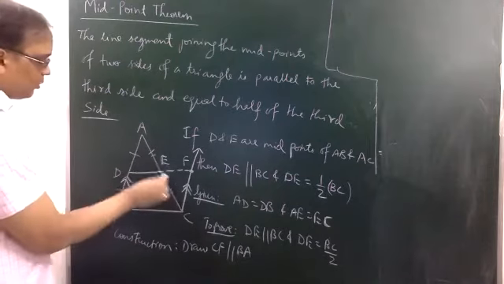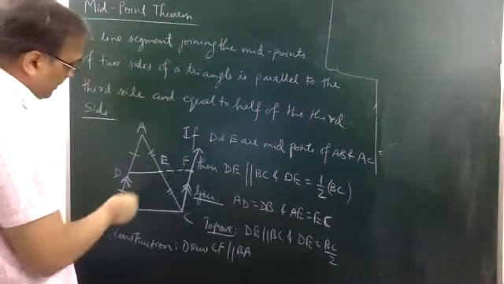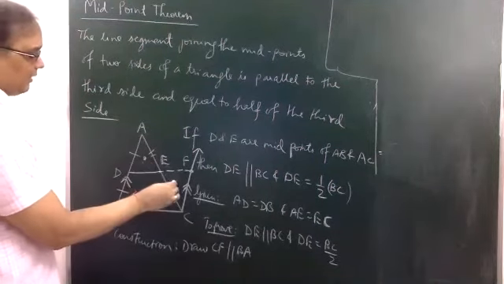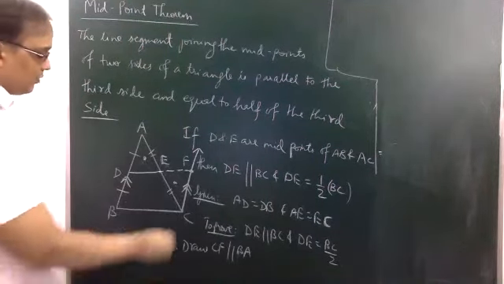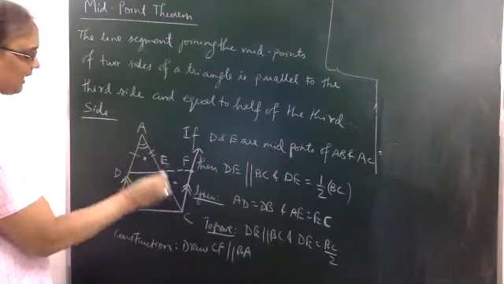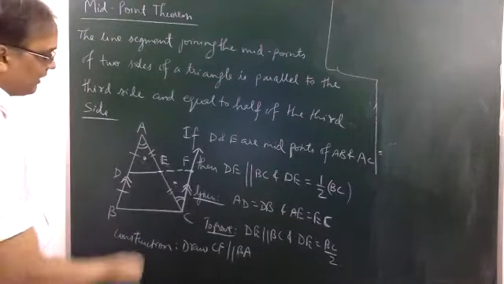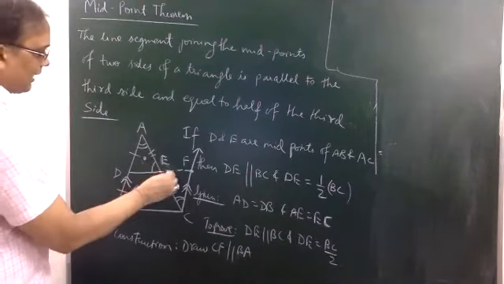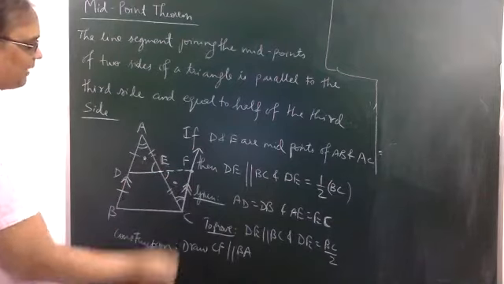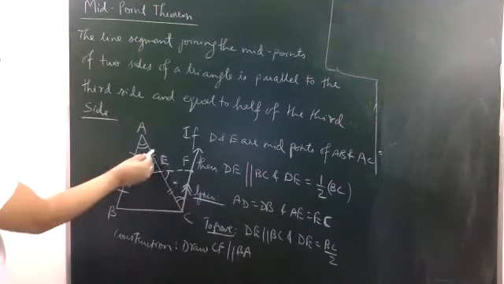Now consider these two triangles, this one and this one. Because this is parallel to this, we'll have this angle equal to this angle. This side is equal to this side, and also this angle becomes equal to this angle by vertically opposite angles, this by alternate interior angles, and this is given.